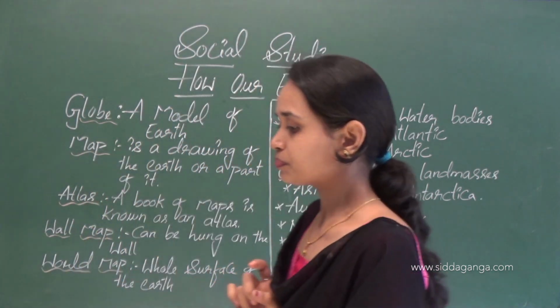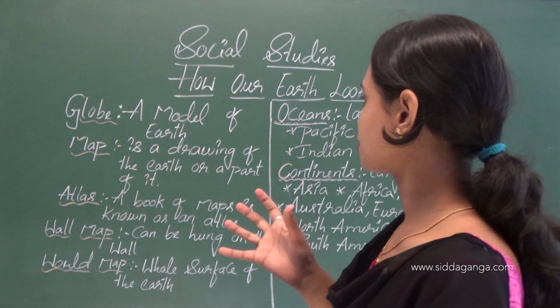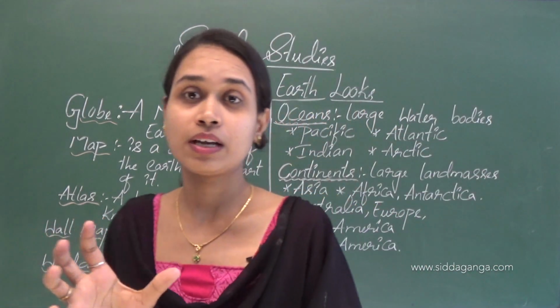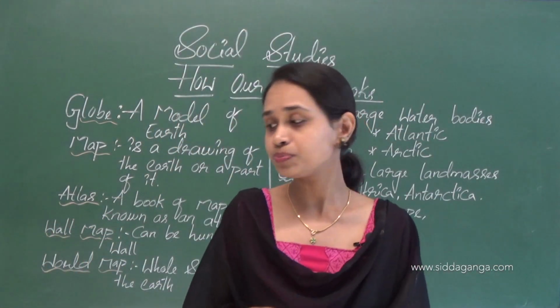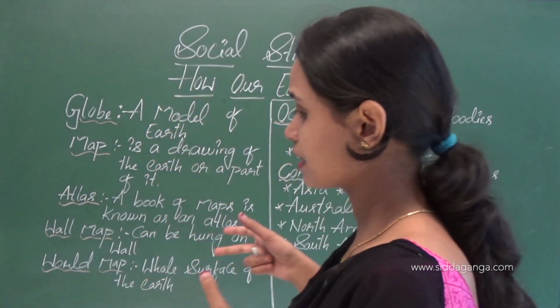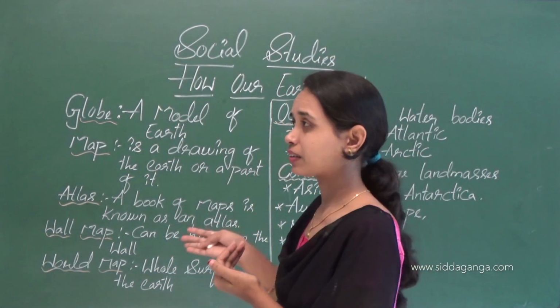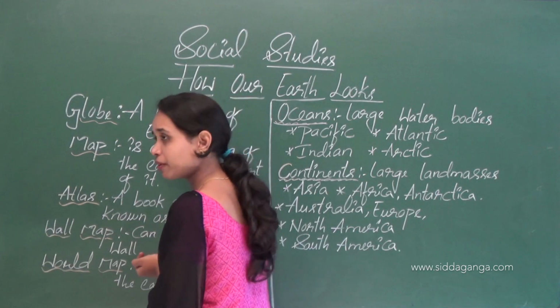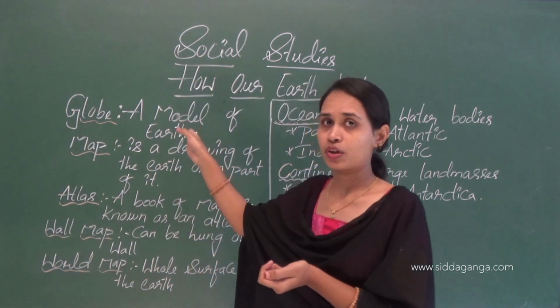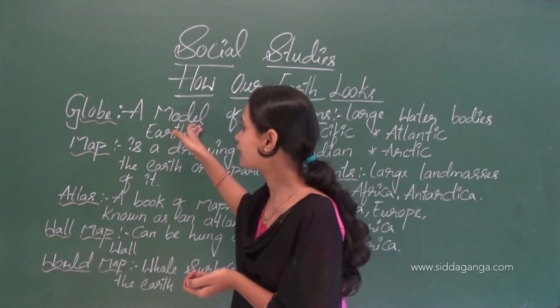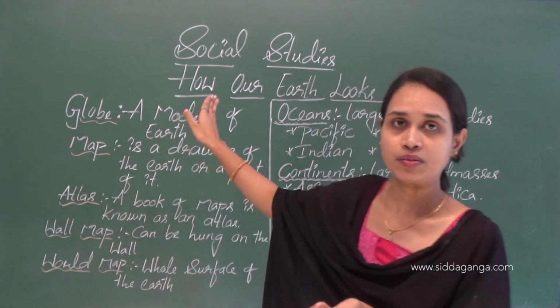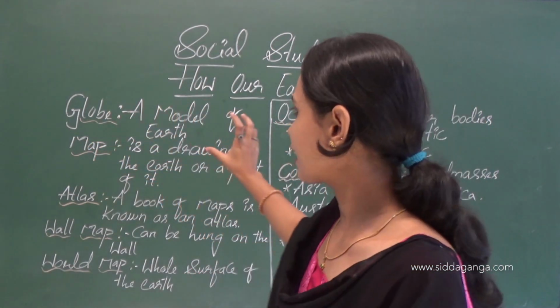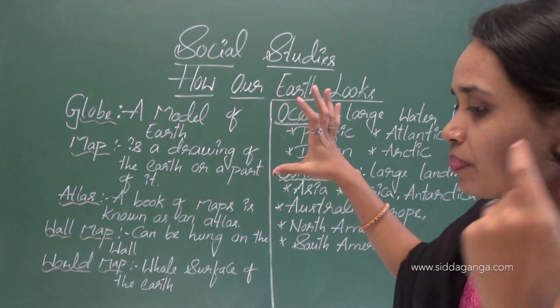A globe is round in shape, like a ball, so it represents the shape of the Earth. The globe makes it easy to study the Earth.